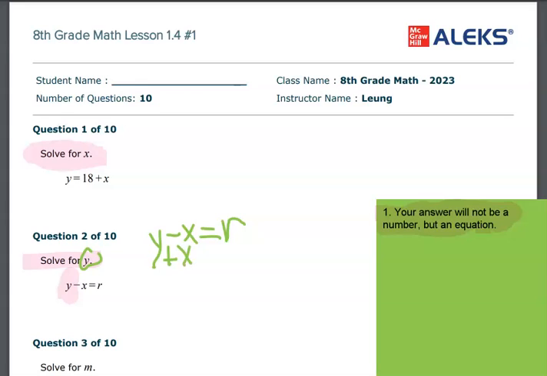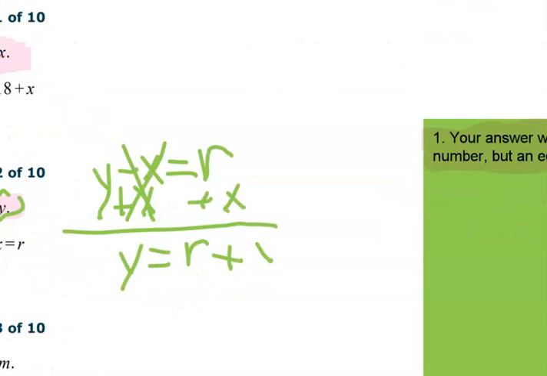It's subtracting x here, so I'm going to add x, which means I have to add x here. Again, this looks weird, but what happens is this negative x and this positive x cancel, and I get y equals r plus x.